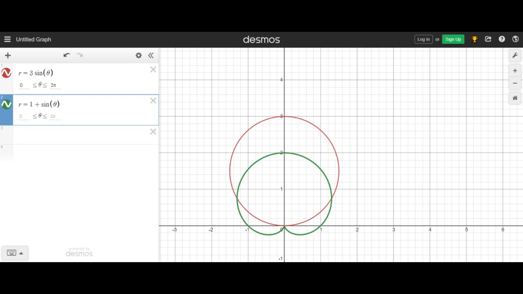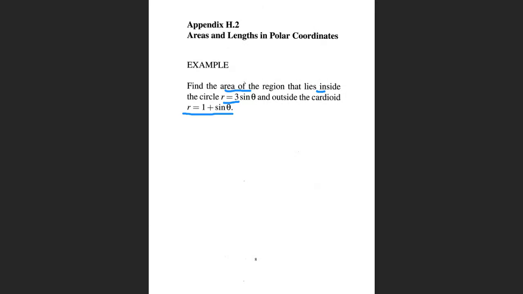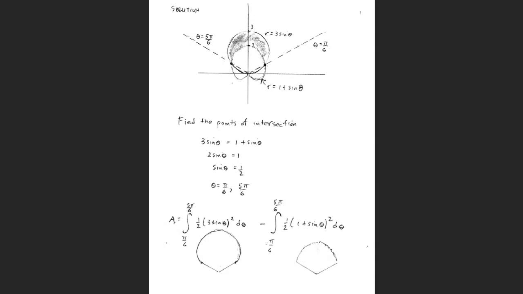Let's go back to the problem at hand. This is the one we're looking at. The cardioid and the circle intersect each other.